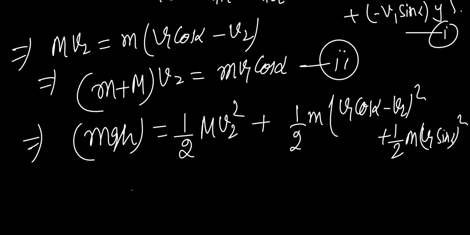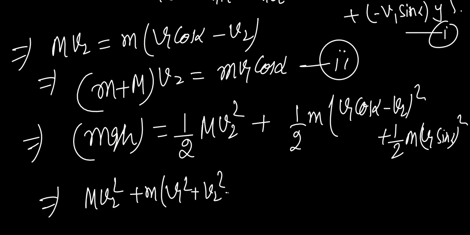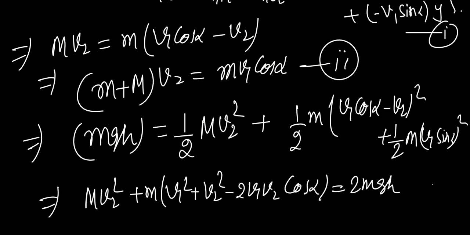If you solve this equation, then you'll get M v2 square plus m into (v1 square plus v2 square minus 2 v1 v2 cos alpha) is equal to 2 m g h. Let me say this is equation number 3.